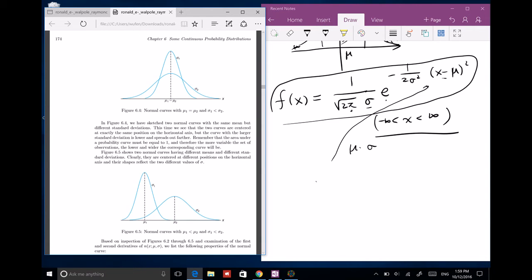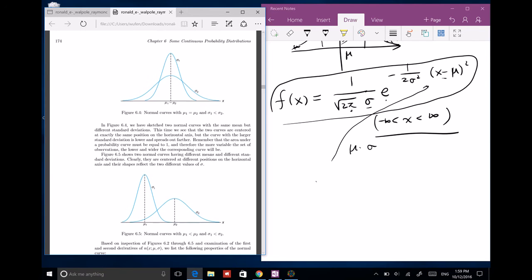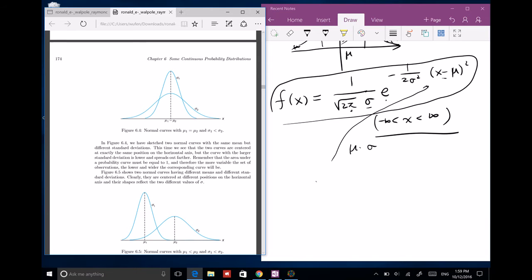The next section introduces the standard normal distribution, maybe. Here mu1 equals mu2, so they have the same mean but different standard deviations.